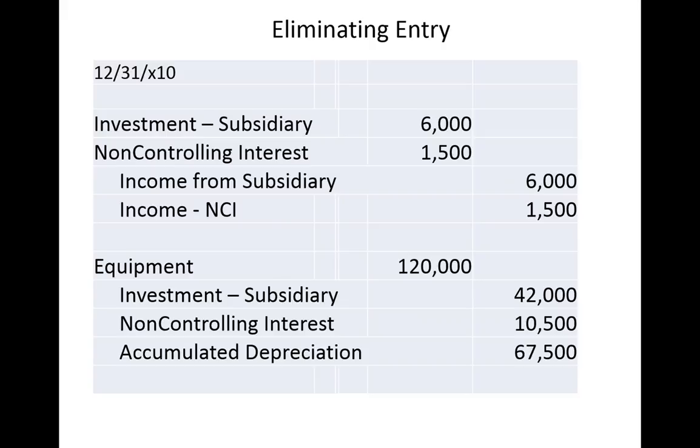This is going to be the first one. Entry is to allocate, to eliminate the equity method entry, and then to assign the NCI their portion of the excess depreciation. The second EJE is to establish the equipment at its correct value and to record the deferred loss that occurred from the first year.